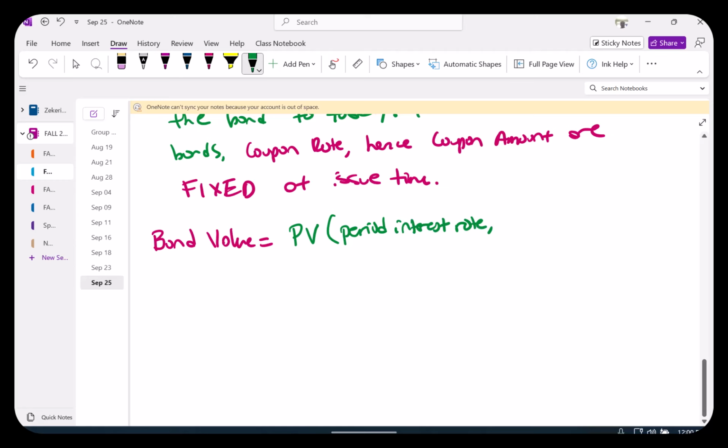The second argument is the number of periods. The third argument is the coupon amount. And the last argument is the face value. So if all you wanted to do is calculate the value of a bond, you don't need that template. It just makes interaction easier. That's not the only reason, but the primary reason I constructed that sheet.